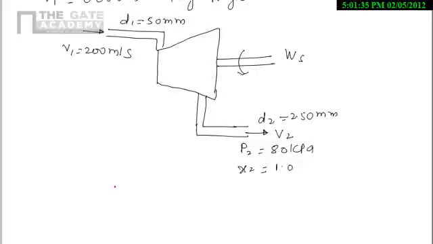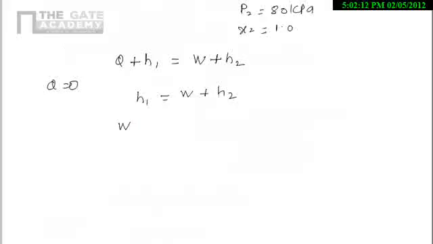So after neglecting them, we can write the steady flow energy equation in this manner: Q plus H1 equals W plus H2, because here I am neglecting the kinetic and potential energy of the system. And in a turbine there will be no heat transfer between the system and surroundings, so I can write Q equals 0. So now I am having H1 equals W plus H2. So W equals H1 minus H2.